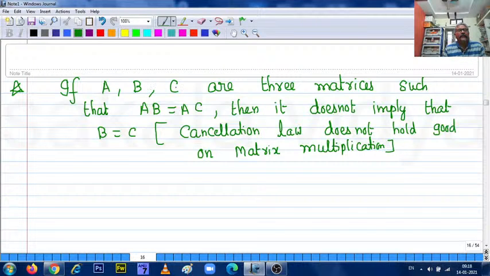We should not cancel A like this. In algebra, A gets cancelled and we get B is equal to C. But in matrices, AB is equal to AC, so we should not write like this. It's absolutely wrong.